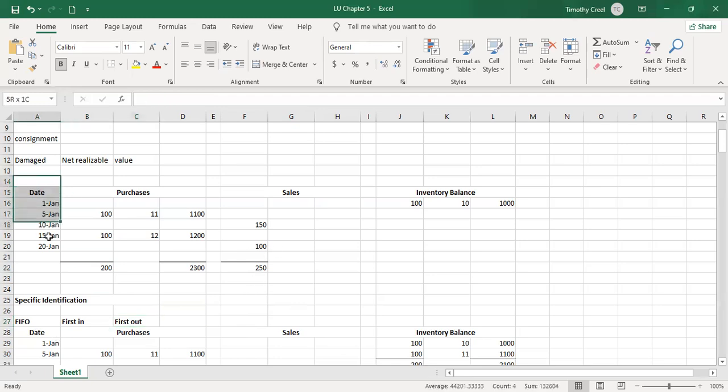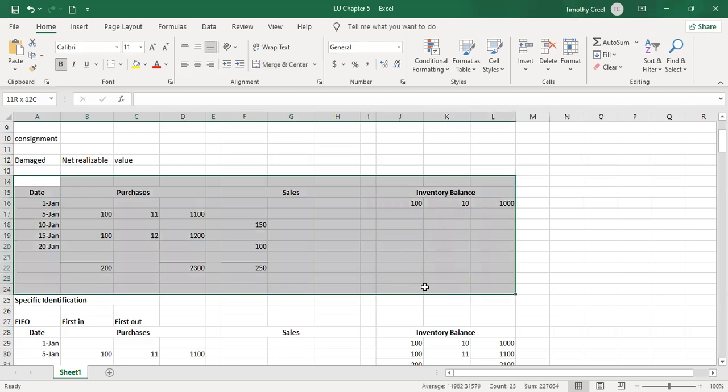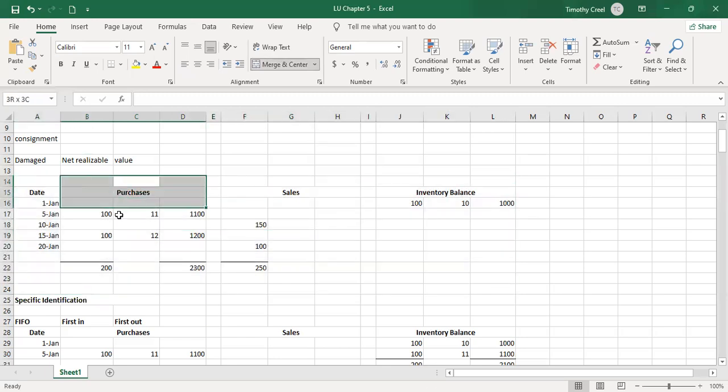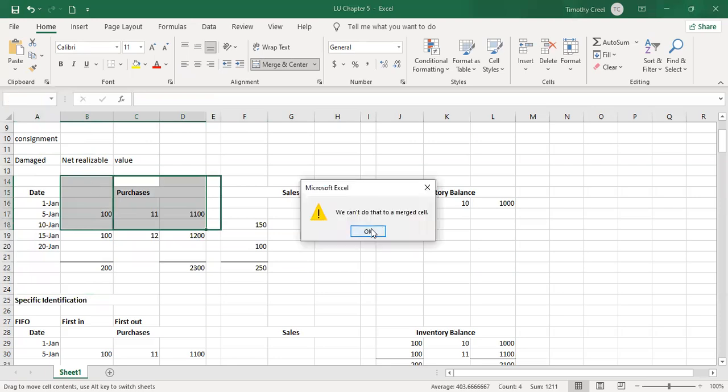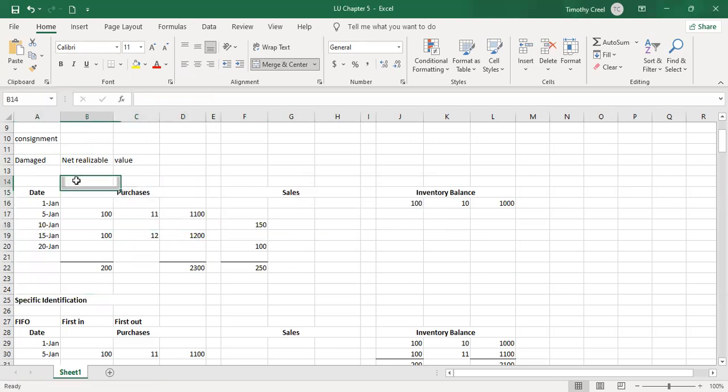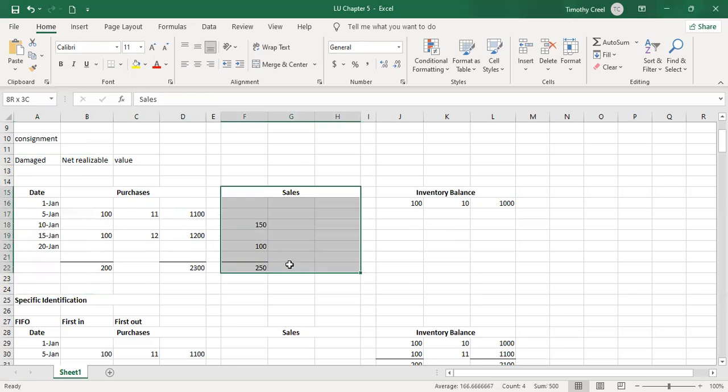So this is the data that we're going to use. You notice I've got a column here for purchases. This is going to represent the number of units, the price per unit, and the total for that purchase. Then I've got sales right here.